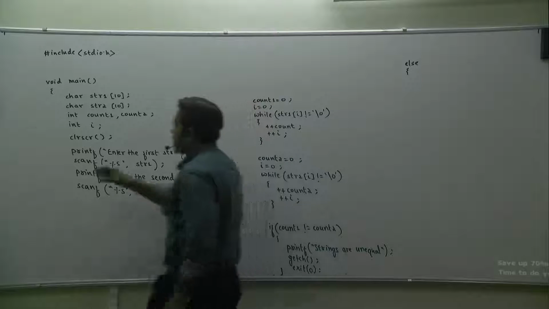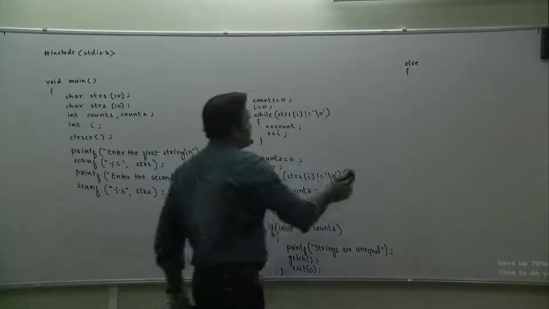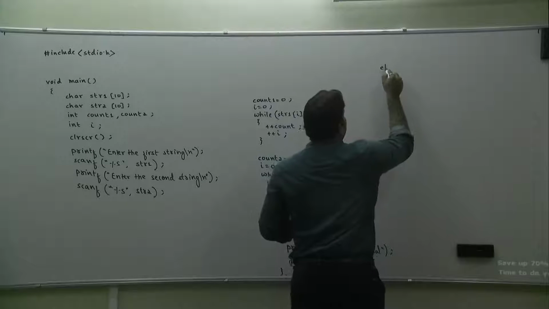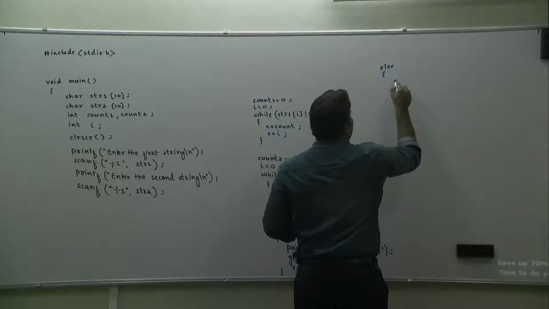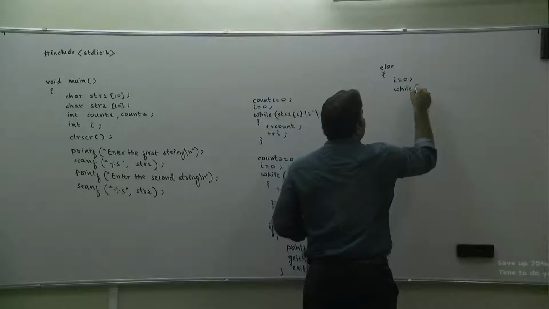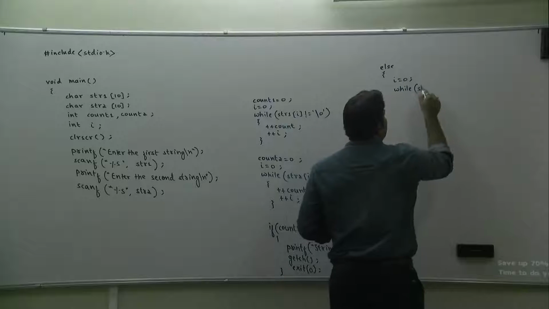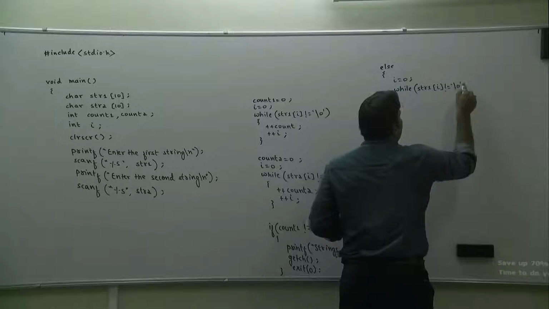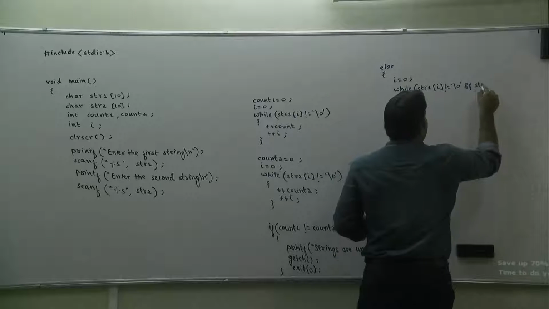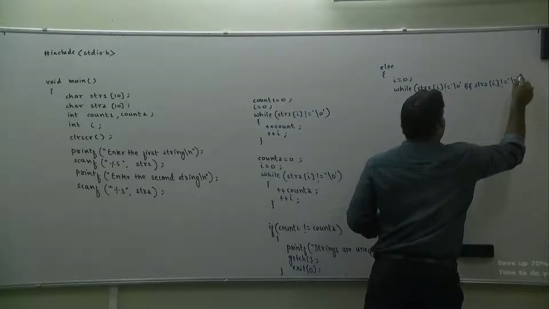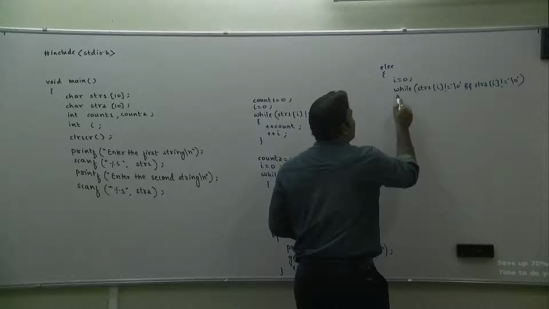That is, else I will again initialize i to 0, as long as we have not hit the dead end. Means str1 of i should not be equal to null, and str2 of i also should not be equal to null. Means we should not have hit the dead end.